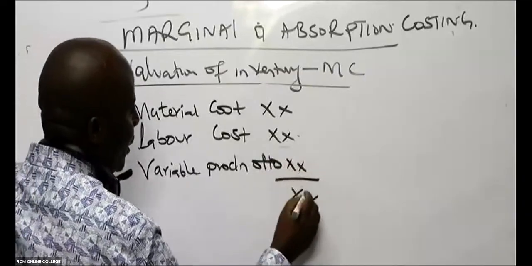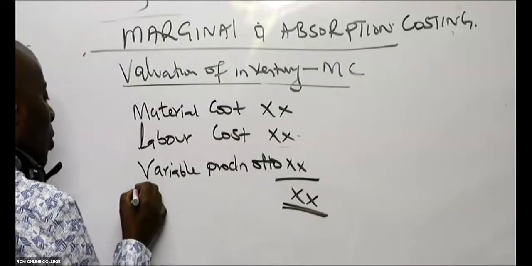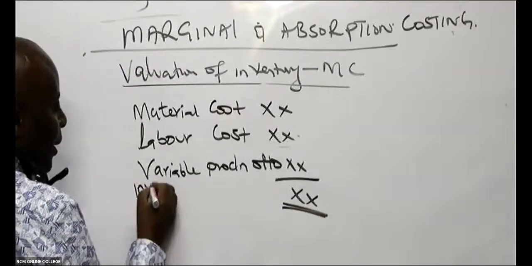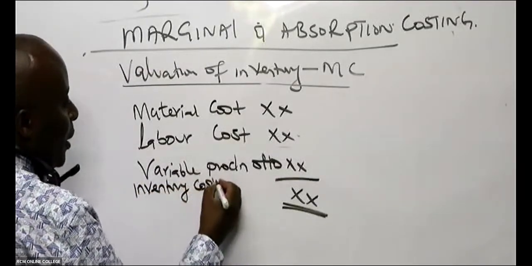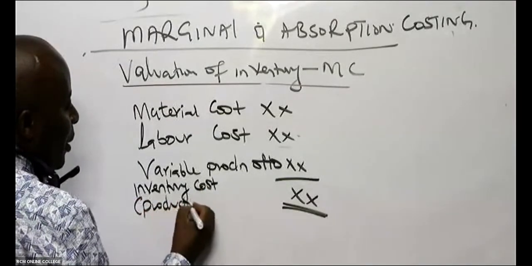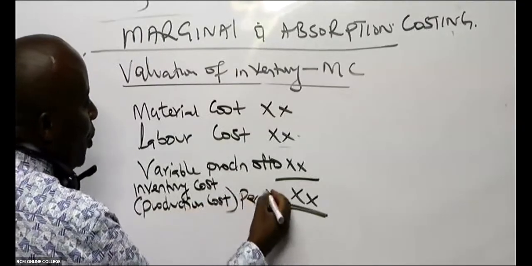So under marginal cost this will be our inventory cost, or production cost, per unit.